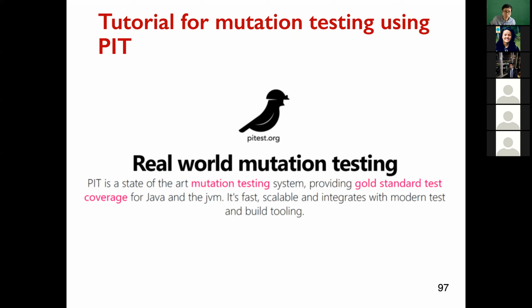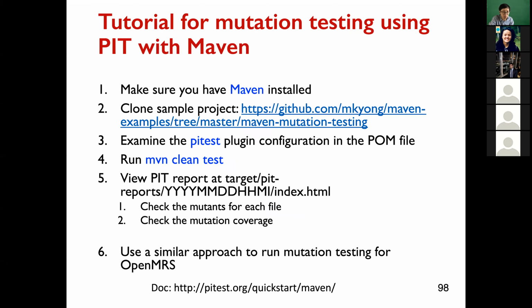Here there's a tutorial to run PIT for a simple program. It's very easy. I put it here, and I want you to do it. As we're not very early on time, I leave it to you to run this tutorial.